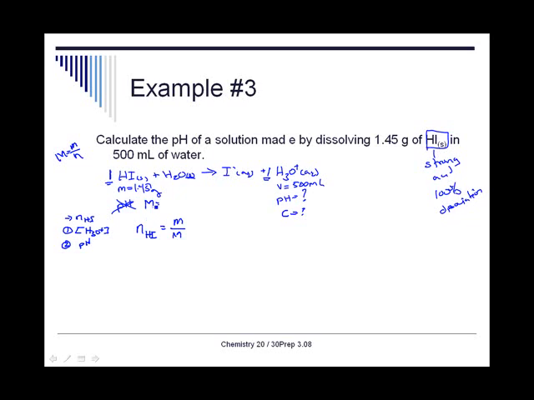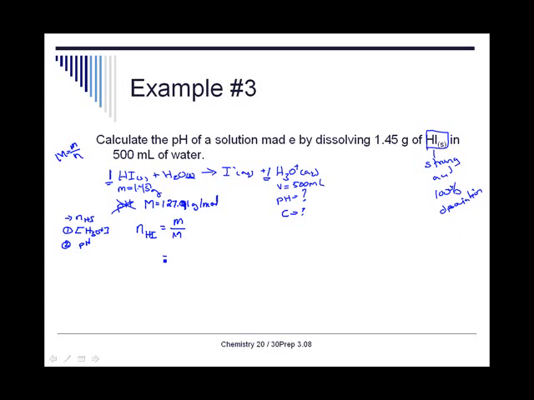The molar mass of hydrogen iodide is 127.91 grams per mole. That's a 9.